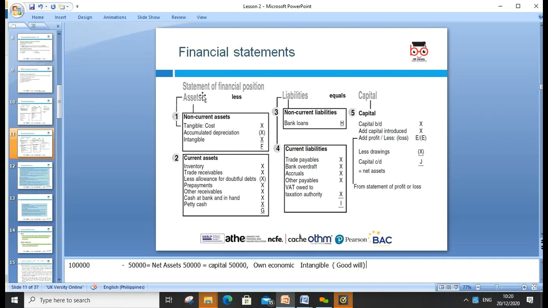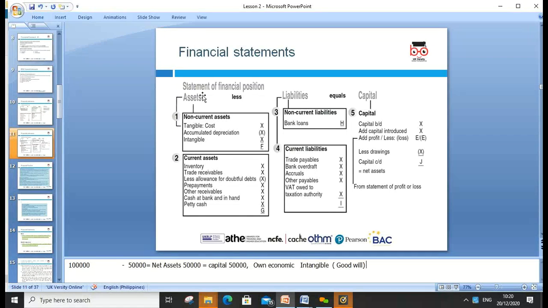Current assets are those that keep changing within 12 months; the value goes up and down. Current liabilities are legal obligations we need to settle within 12 months. Non-current liabilities are long-term fixed liabilities that take more than one year to settle.